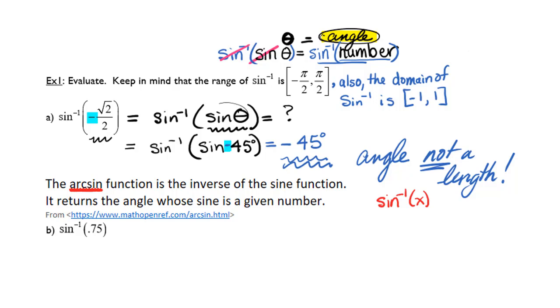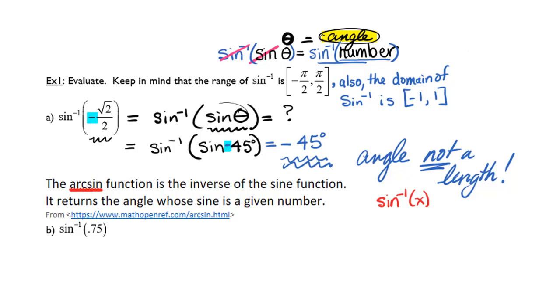Before we take a look at the next example, let's just review what arcsine means. The arcsine function is the inverse of the sine function, and it returns the angle whose sine is a given number. Now I'm going to try and explain that with sine to the negative 1, or arcsine of 0.75.